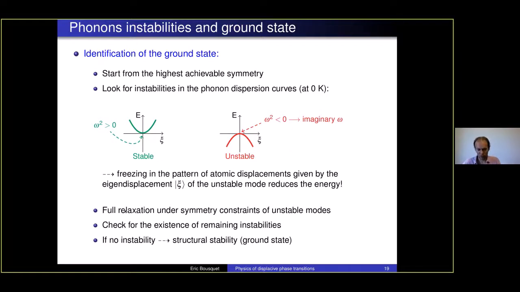This is what I call here full relaxation under the symmetry constraint of the unstable modes, because depending on the pattern of displacement you have, depending on the phonons, we have some given symmetries, and the space group you go to is going to be fixed by the phonon symmetry initially on the high symmetry phase.